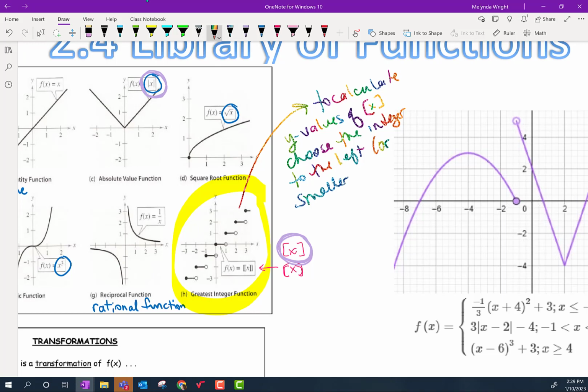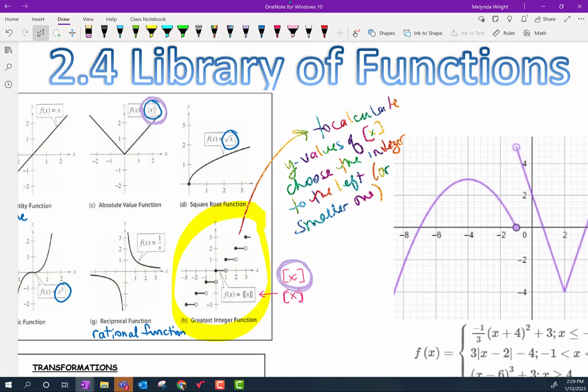Now that probably doesn't make any sense right now, so I'm going to do some examples of what that means. So let's kind of go back to what we know.